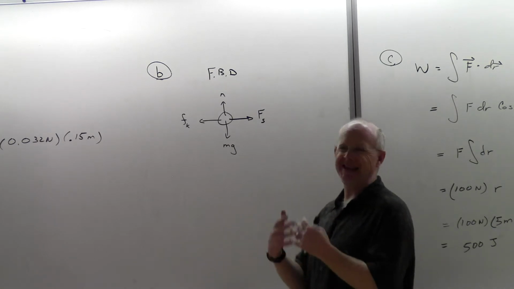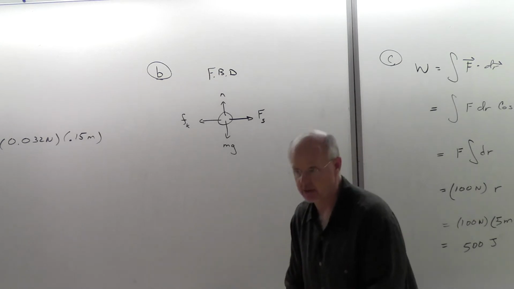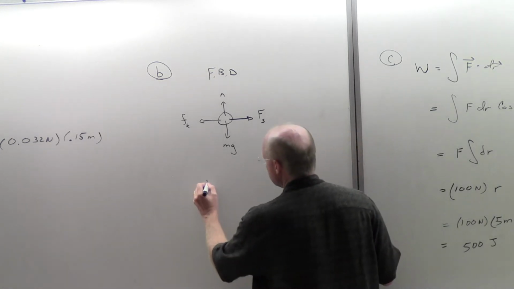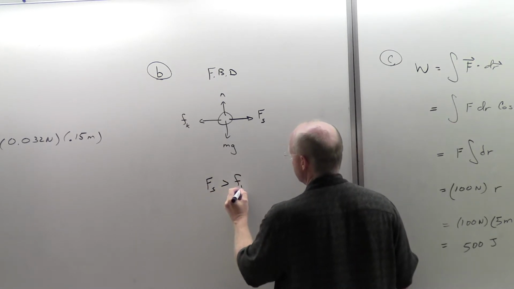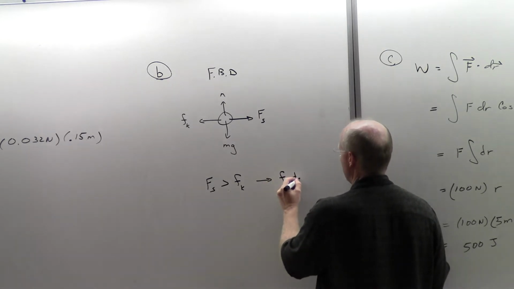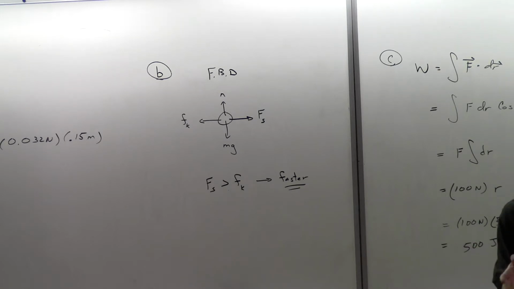When will this ball be accelerating, in the sense that it's going faster, not slowing down? Right. So long as the force from the spring is greater than the force of friction, then we get a situation where the ball is going faster and faster. We have a net force that is in the traditional positive x direction.